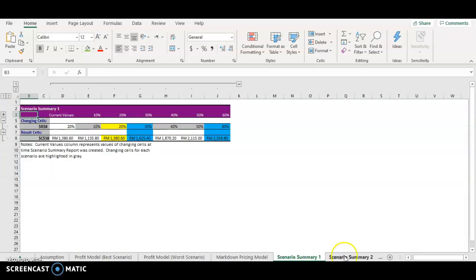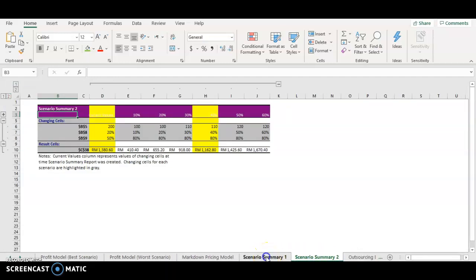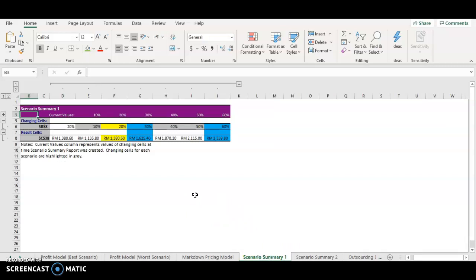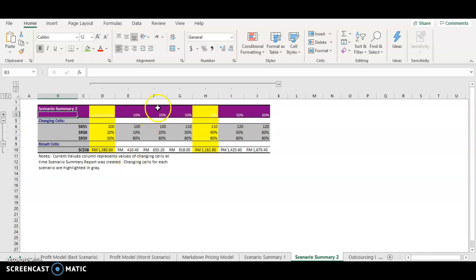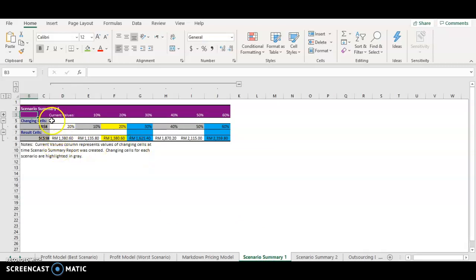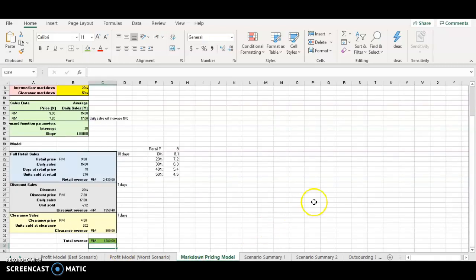Now, between scenario summary 1 and scenario summary 2, I choose scenario summary 1. This scenario is to see which percent of discount suits me to get the best revenue. And it seems like I choose scenario summary 1, where I choose 30% of the intermediate markdown.